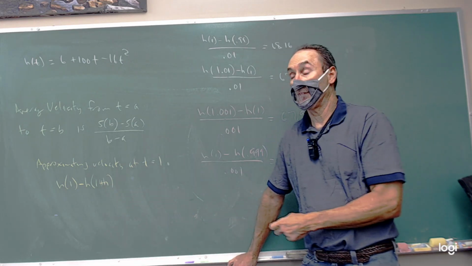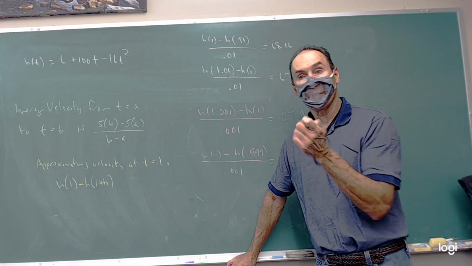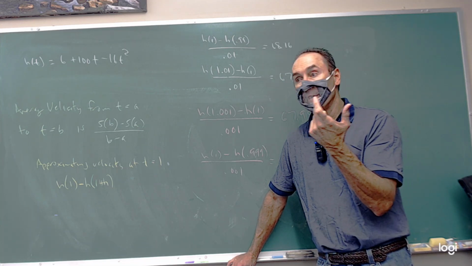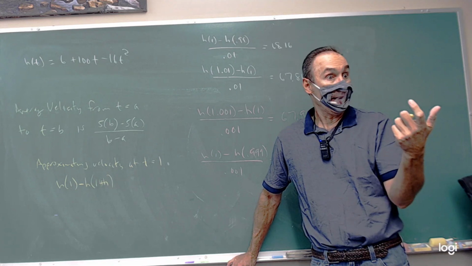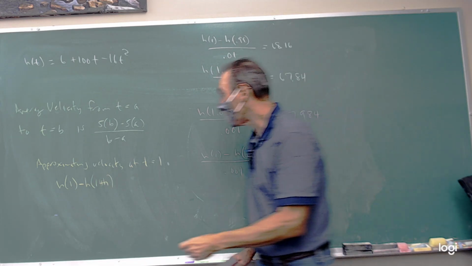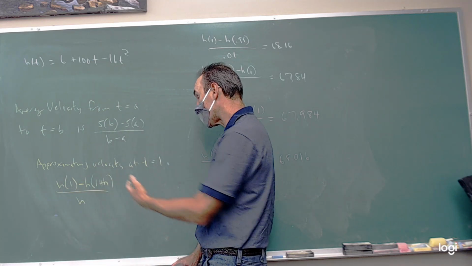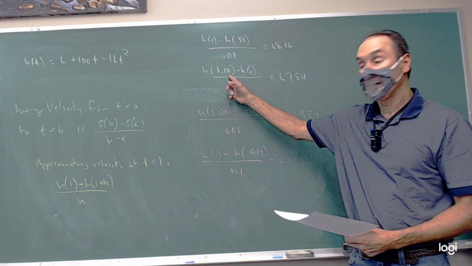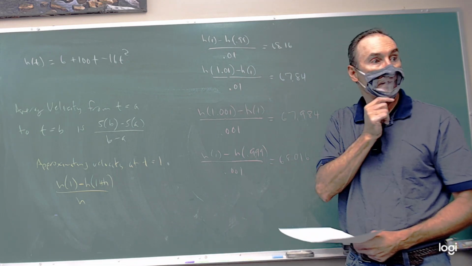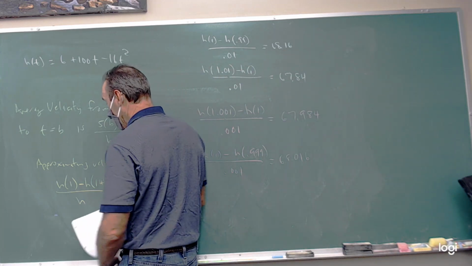We chose the very first one off the table. What was the h? How far away from 1 did we go? The delta time, the change was 1 over that h. So that's an approximation. Then we used h to be 0.01 and then 0.001.